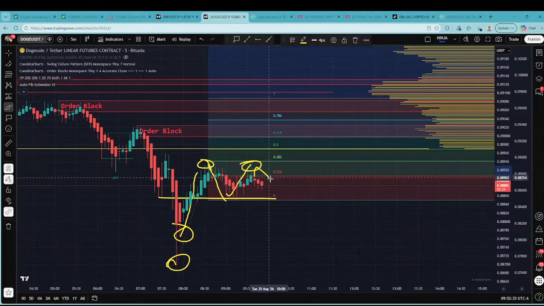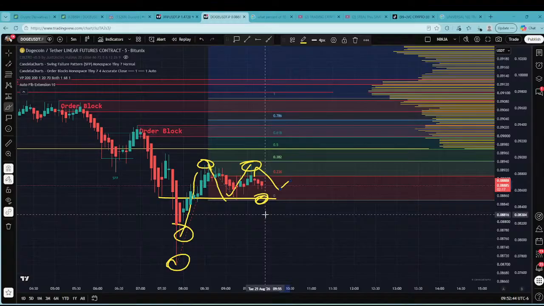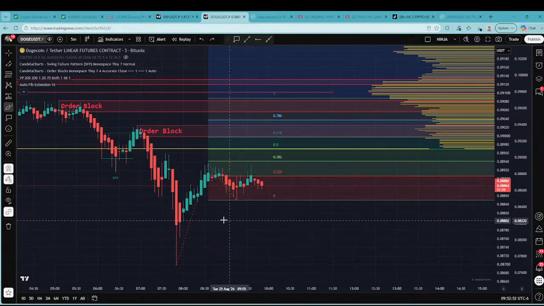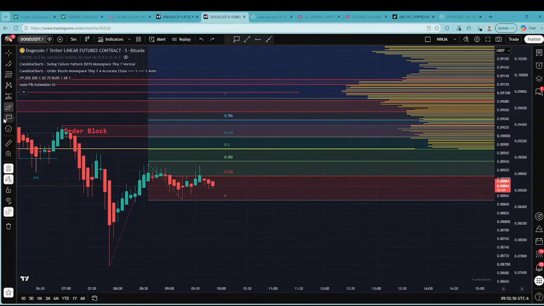But when it came down, it hasn't retested this support line, showing that there's a little more volume coming in. So at this point, you are now in what we call a consolidation, a cluster.